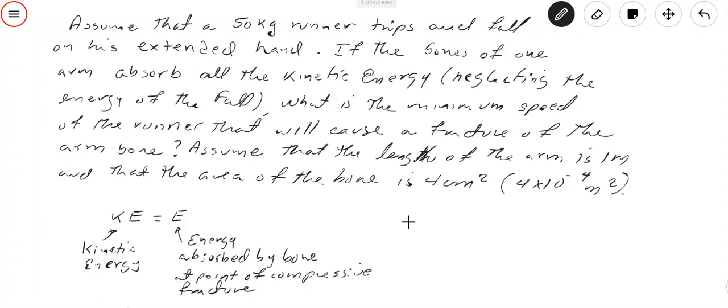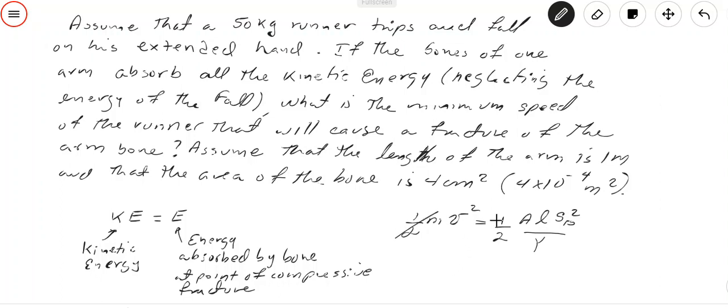So kinetic energy is 1 over 2 mass times the square of the velocity, or the square of the speed of the guy that is running. And this is equal to the energy absorbed by the bone at the point of compressive fracture, which is 1 over 2 times the area times the length of the bone times the breaking stress squared divided by the modulus of Young.